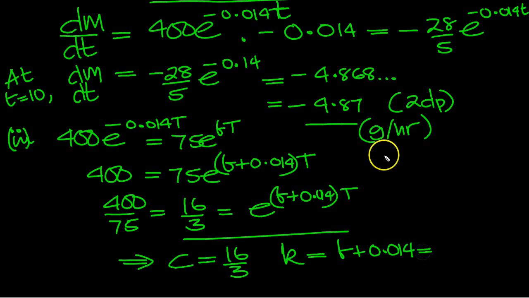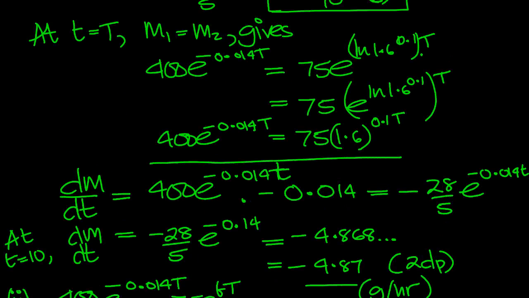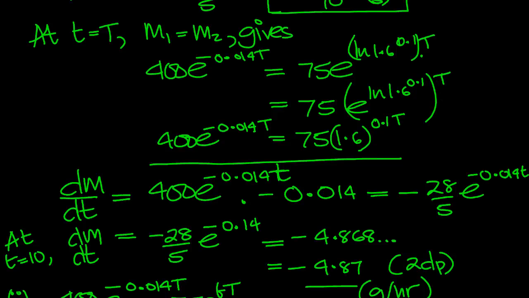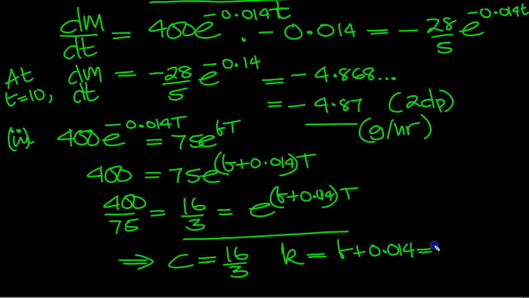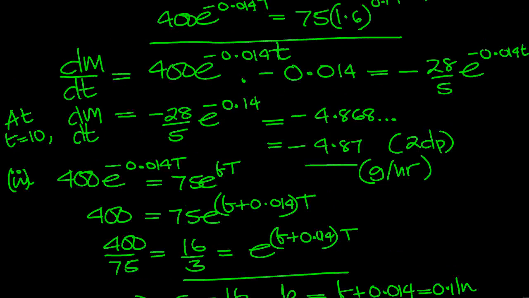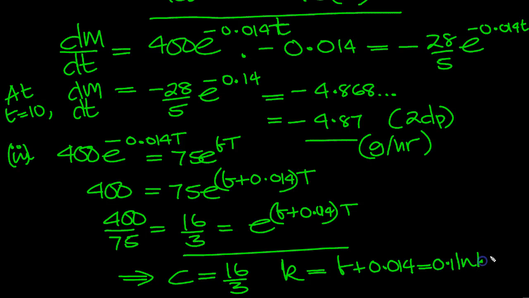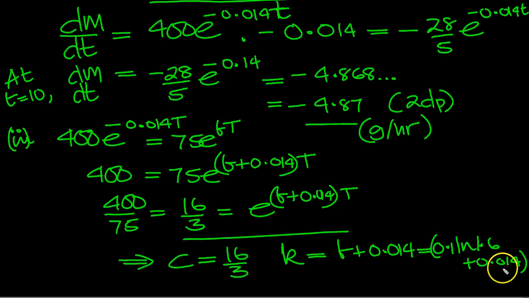Which equals, b is none other than, let's just go and get it again, sorry, the natural logarithm of 1.6 times 0.1, 0.1 ln of 1.6, so 0.1 ln 1.6 plus 0.014. There's b. Okay, so that's good.